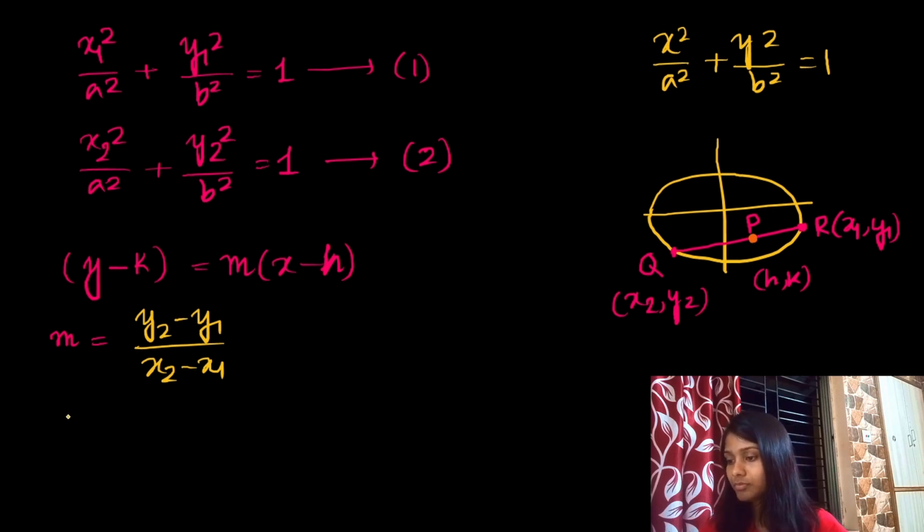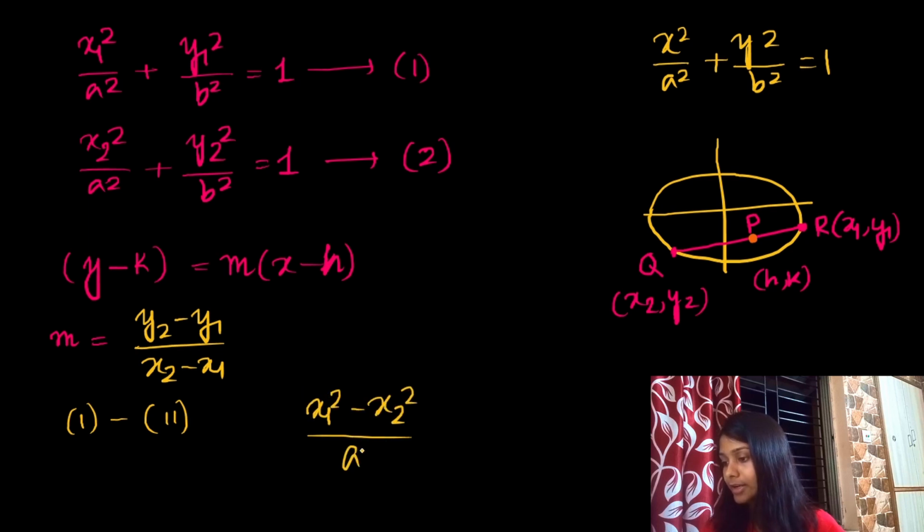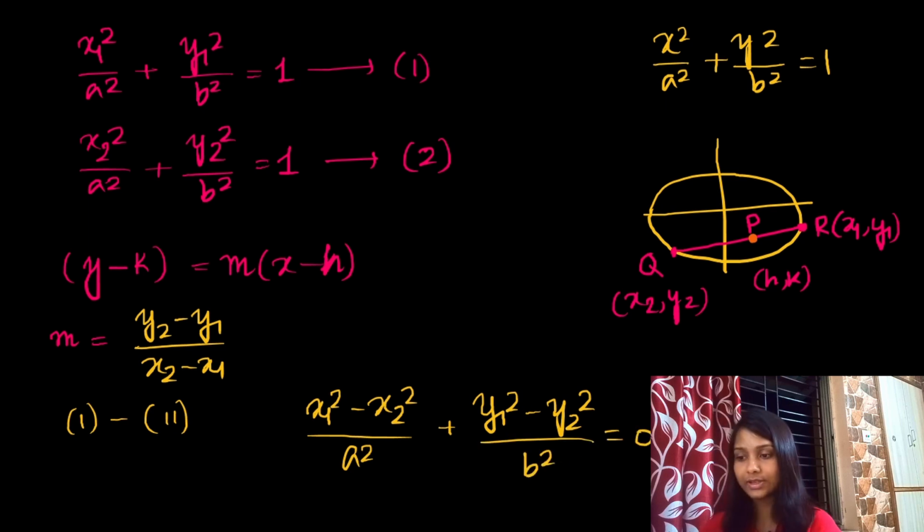If we subtract equation 1 from equation 2, we will obtain (x1 square minus x2 square) divided by a square plus (y1 square minus y2 square) divided by b square equals 0.